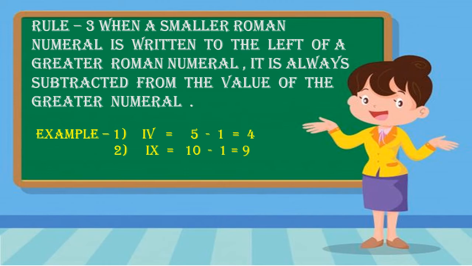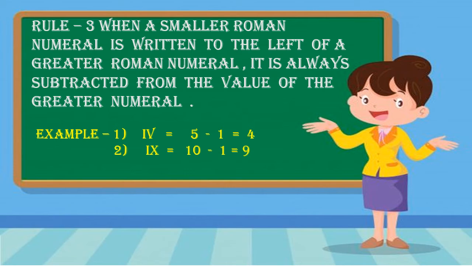Rule 3. When a smaller Roman numeral is written to the left of a greater Roman numeral, it is always subtracted from the value of the greater numeral. Let us see examples. In example 1, IV is written. I equals 1 and V equals 5.